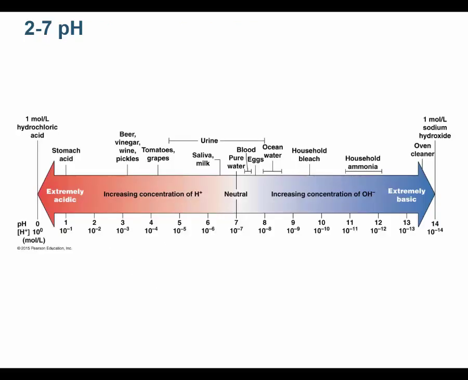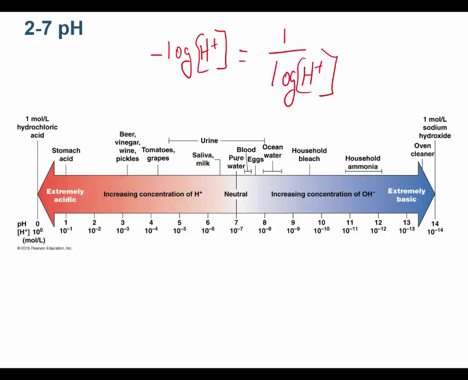All right, pH. pH is the negative log of a hydrogen ion concentration. The brackets mean concentration. Another way of writing negative log of hydrogen ion concentration is 1 over the log of hydrogen ion concentration. Now this is why the pH scale is a little bit counterintuitive.